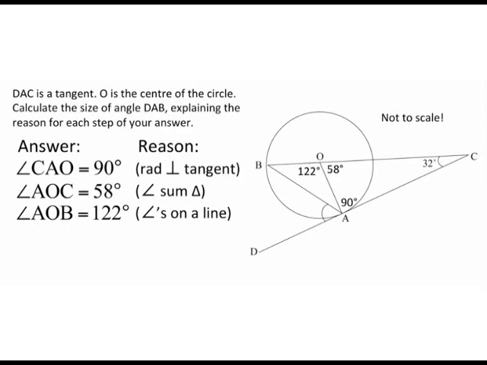Next thing, notice we have two radii BO and OA and a chord AB completing an isosceles triangle. So the base angles are equal. From 180 degrees, that is the sum of angles of a triangle, we already have 122 degrees, and so the remaining is 58 degrees. If you divide that by 2, that makes it 29, because they are the base angles of an isosceles triangle.